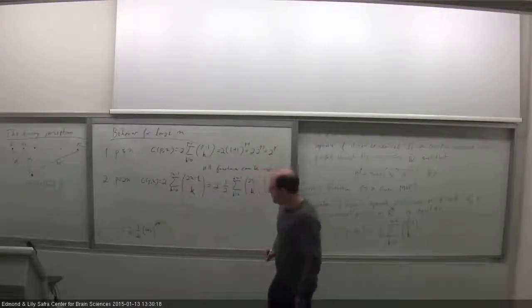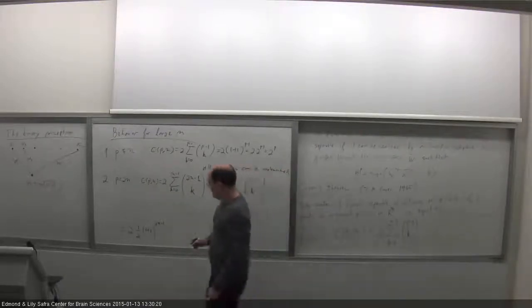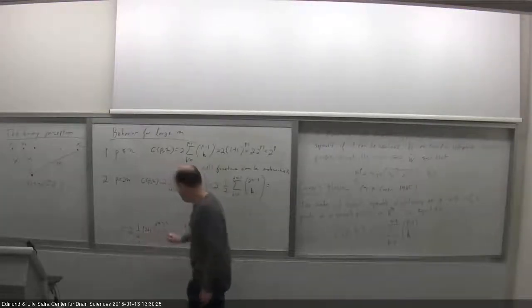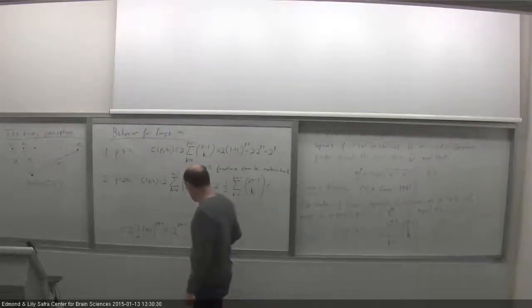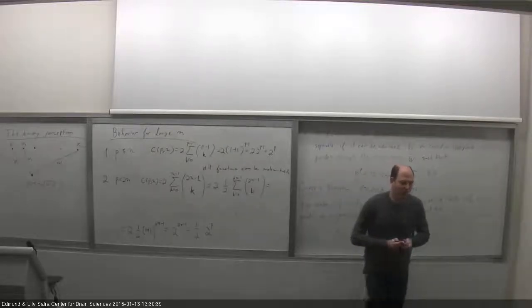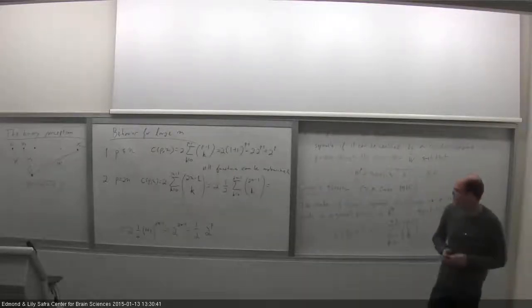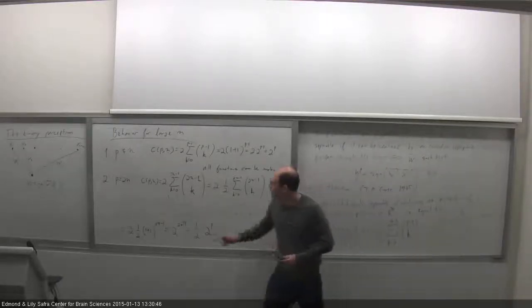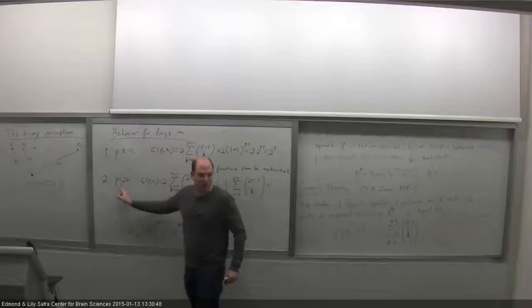So the 2 cancels this, and I'm getting 2 to the power 2n minus 1, which is also half times 2 to the p, because p was 2n. So what I got is that when p is equal to 2n, exactly half of the dichotomies can be implemented.